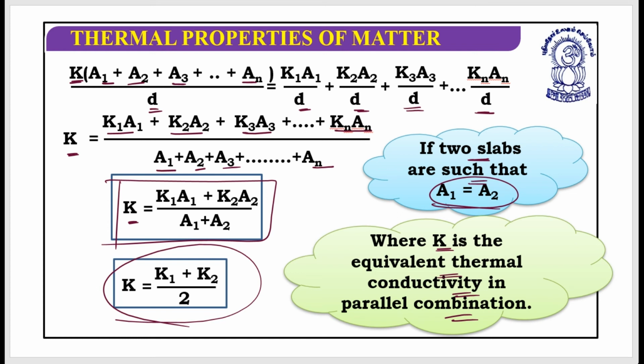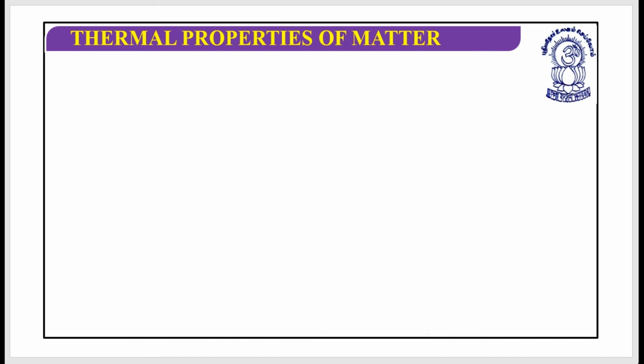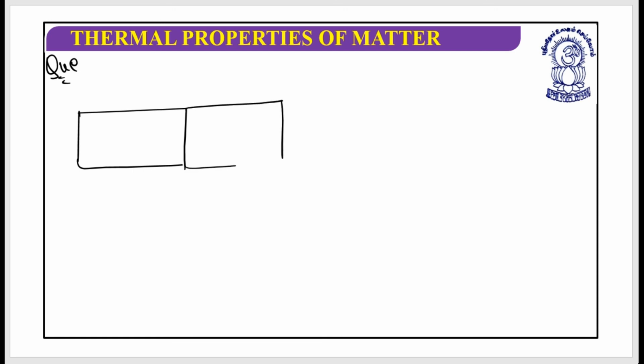So can you do this? Let's have a look at the question. The situation is something like this: this is T1, this is T2, this is L1, this is L2, and these are the cross-sectional areas.